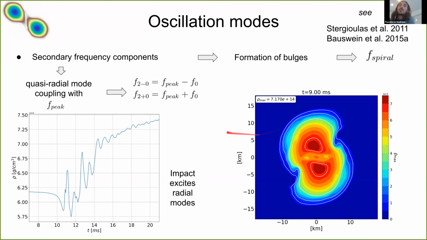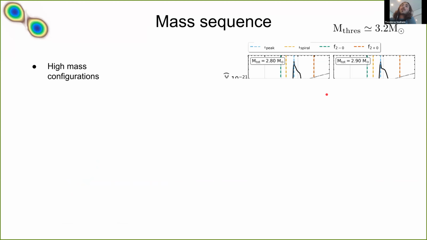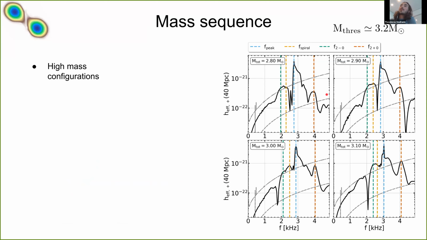I just want to mention that these two peaks here correspond to these radial oscillations. In fact, this contributes to a coupling between the main mode and this oscillation, and therefore generates two additional frequency components.